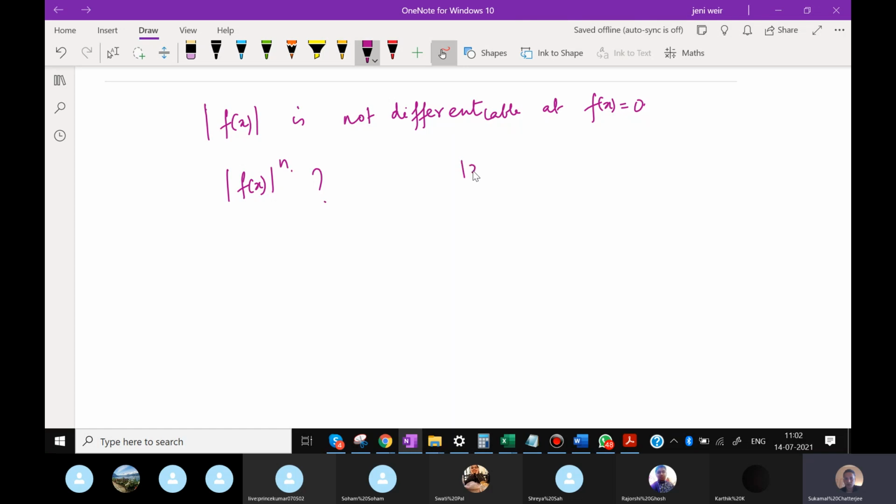So for example, if I have mod x squared or mod x cube or mod x to the power 4, now are these differentiable at x equal to 0?